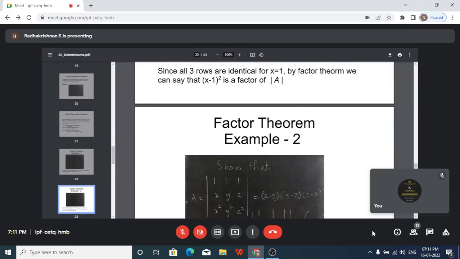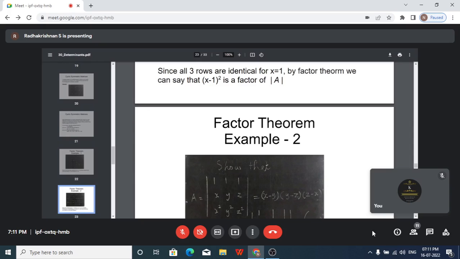Let's take another example. So there is a determinant like this: 1 1 1, x y z, x square y square z square. This is the cyclic symmetric matrix. Okay. So now we have to show that it evaluates to x minus y into y minus z into z minus x. So அப்ப நம்ம என்ன பண்ணோம்? We simply put x equal to y and see. Okay, what is the value of the determinant?